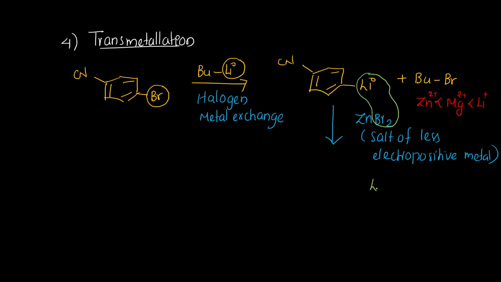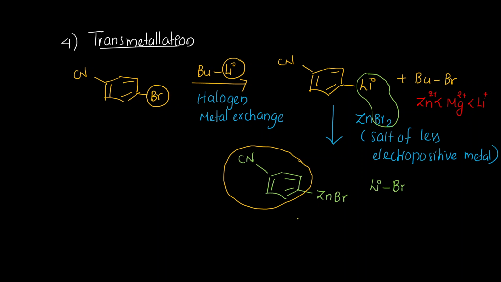So what will be the result? You will get a lithium bromide and you will get the corresponding organometallic reagent containing the zinc. So if we call this group R, you are generating RZnBr, or we can generally call it RZnX.